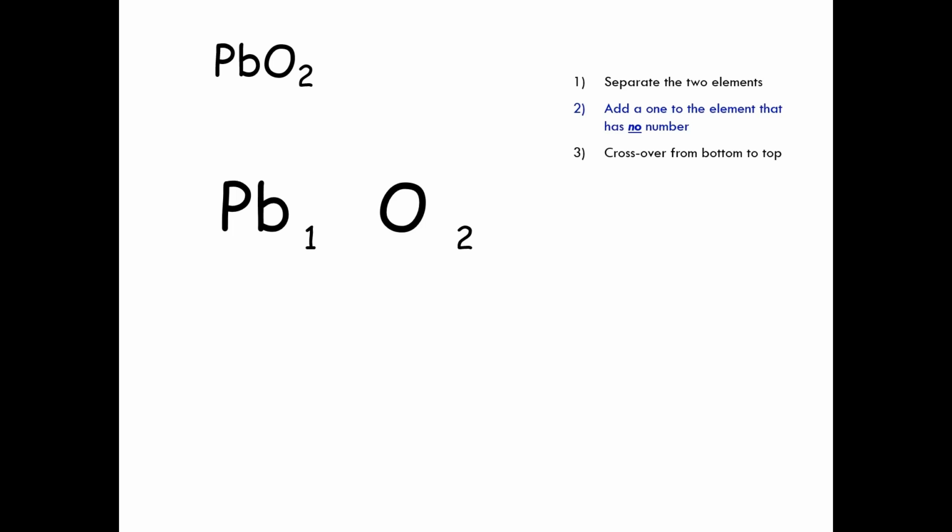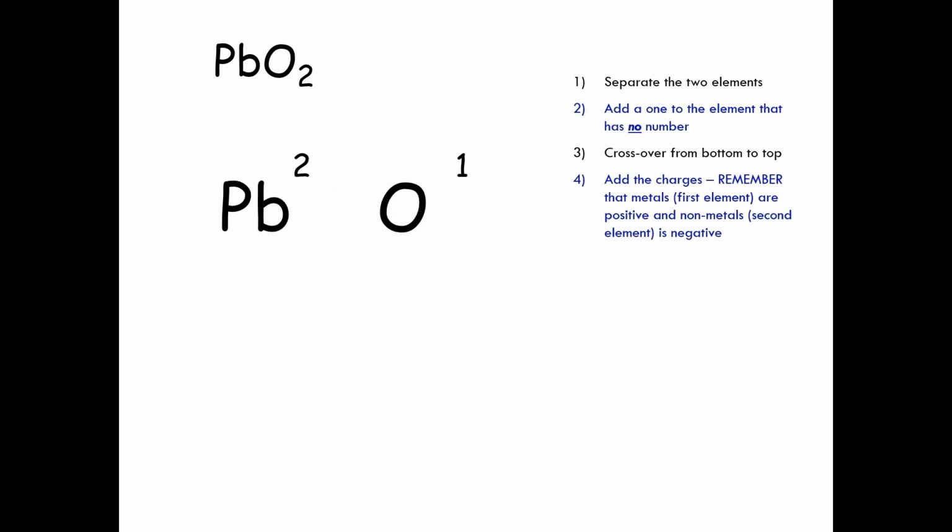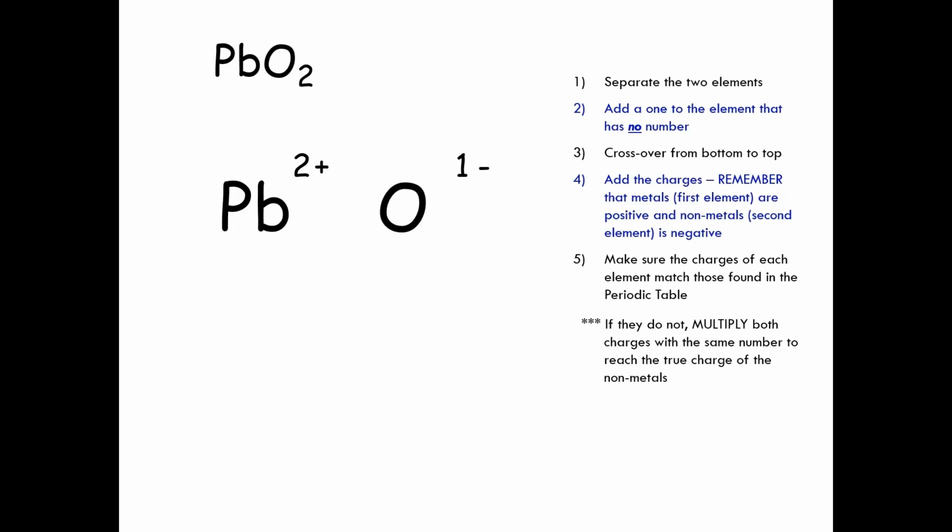Third, cross over these numbers from bottom to top. And so this is the opposite of the crossover rule. Fourth, add the charges. Now remember that metals, those are the elements that come first in the chemical formula, are positive, and nonmetals that come second are negative.